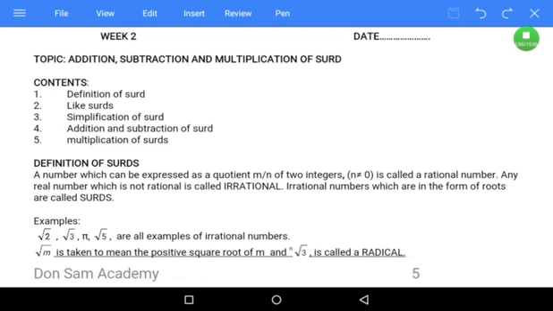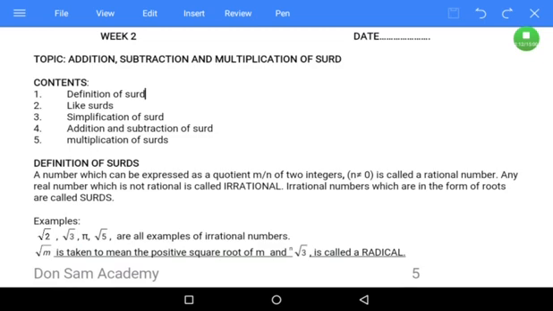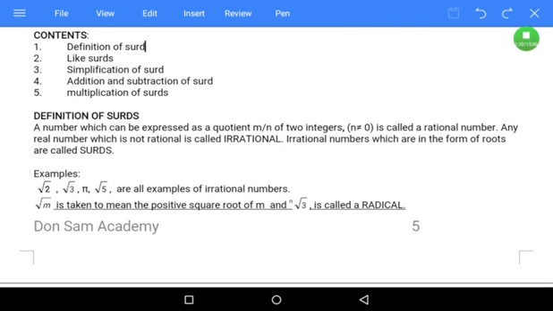So any real number which is not rational is called an irrational number. Can you see that? So any number that cannot be expressed as a ratio of two integers is not a rational number. So they are called irrational numbers. Now, these numbers which are in form of roots are called surds.